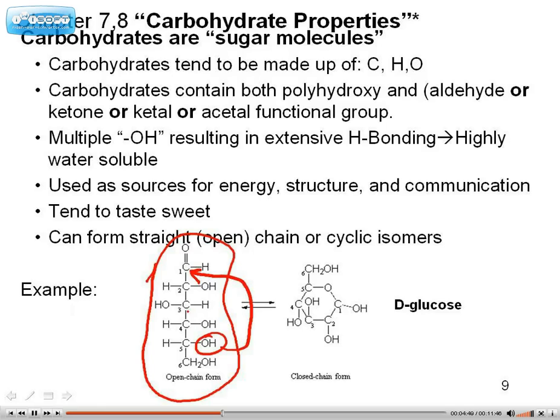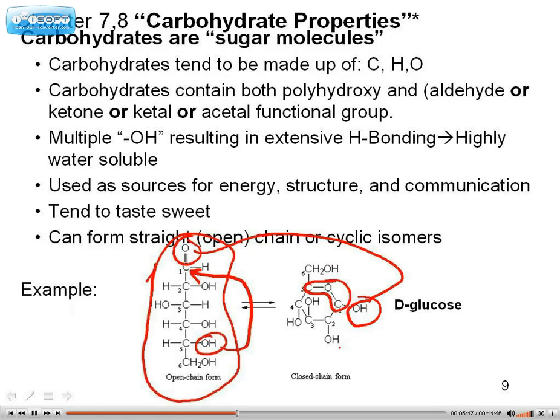The alcohol will become the ether, as seen in this closed chain molecule here, and the aldehyde will become the alcohol, this particular functional group right there. So again, this occurs in biochemistry on a cellular level all the time.